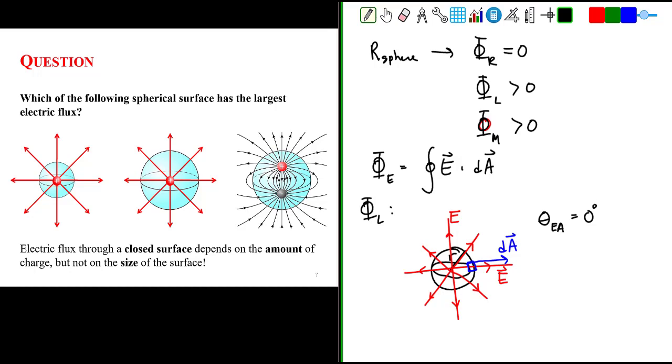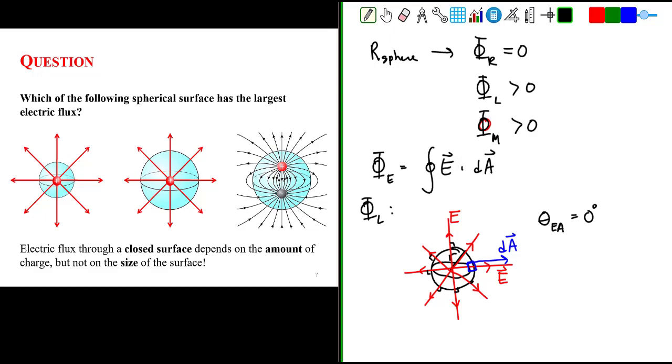Another thing that I want you to notice is that the symmetry of the electric field matches the symmetry of the sphere. What that means is the electric field lines at any point on the surface of the sphere look like the electric field lines at any other point on the surface of the sphere.